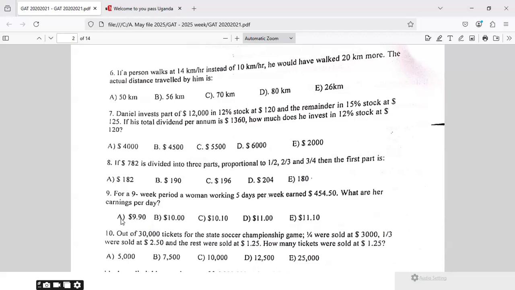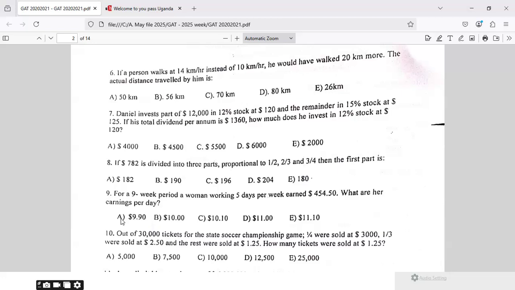But then, since he used 10 kilometers per hour, where did he go? What's the distance he moved? That is the speed he actually moved at, meaning we leave out the 20 more he would have traveled if he had used 14 kilometers per hour. So we're supposed to find the distance he covered.